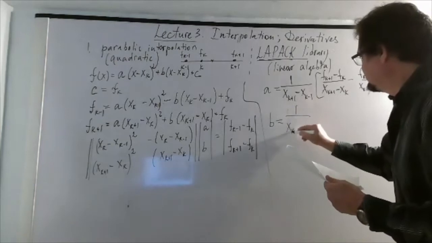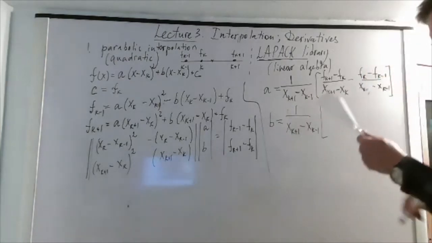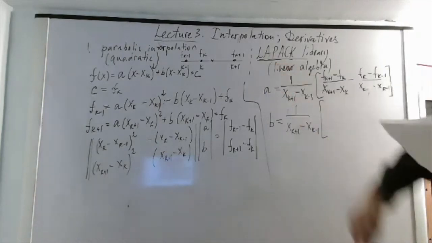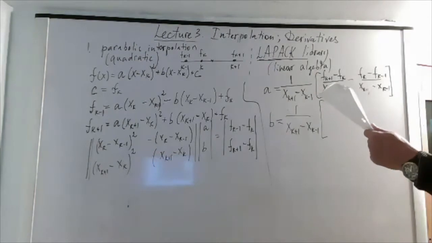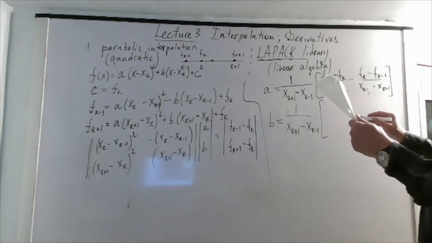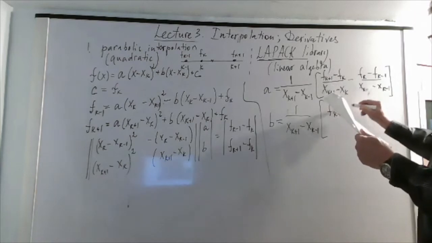It actually looks the same. And here you have the interpolation formula for the linear case that we used, looking kind of similar. It's f_{k+1} minus f_k.